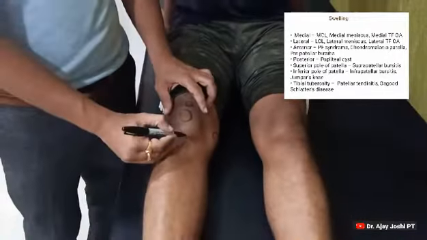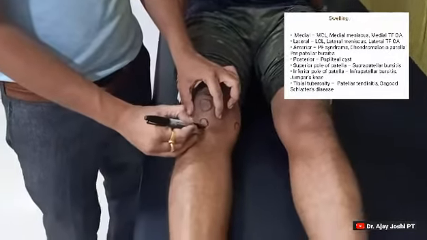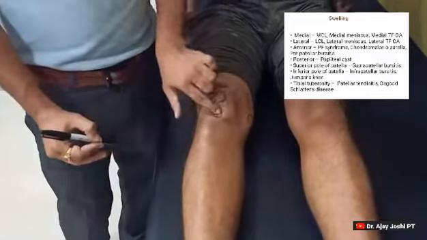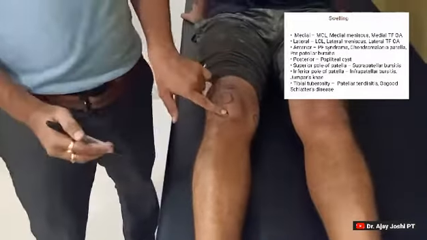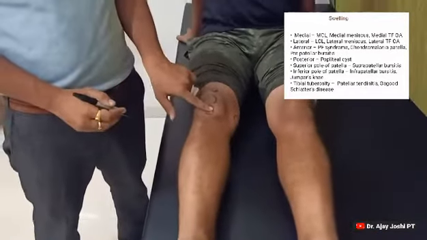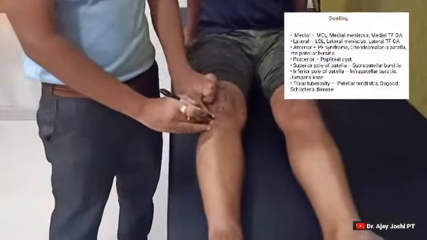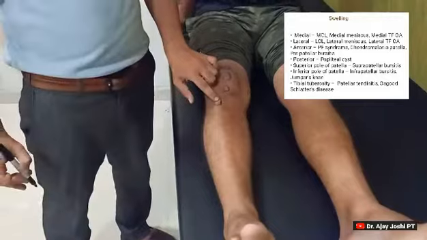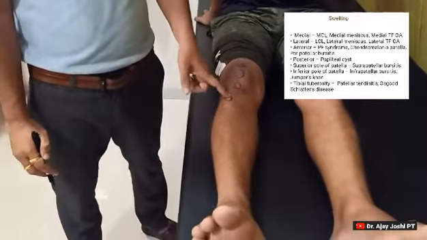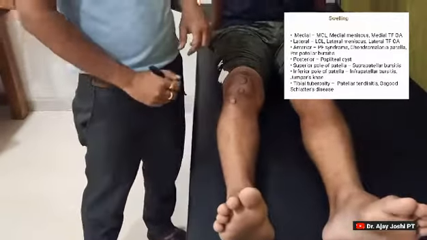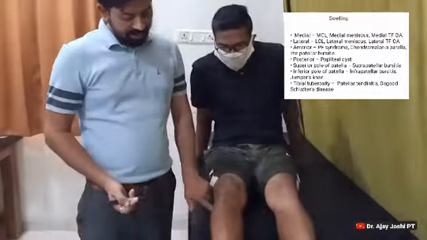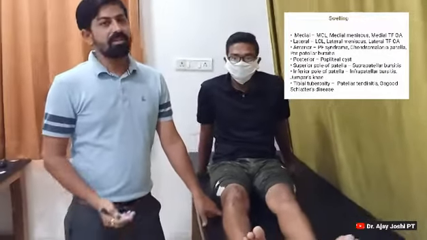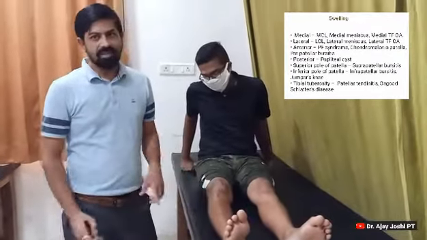And if you find swelling over the inferior pole of the patella, it can be infrapatellar bursitis or jumper's knee. If you find swelling over the tibial tuberosity, it can be patellar tendinitis or Osgood-Schlatter syndrome. And if you find swelling over the popliteal fossa, it can be a popliteal cyst or Baker's cyst.